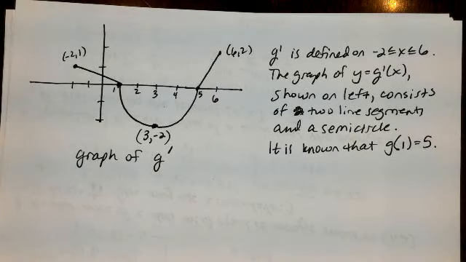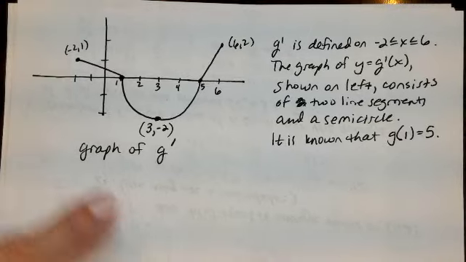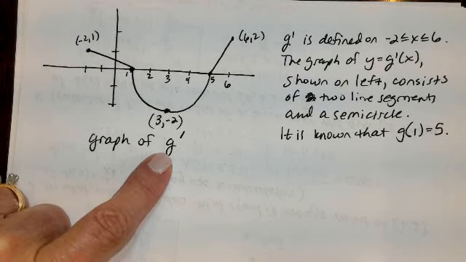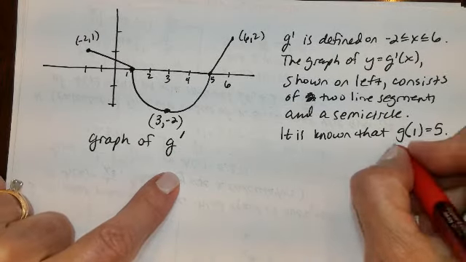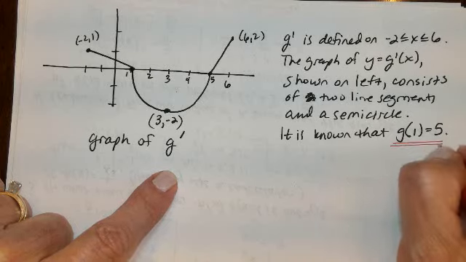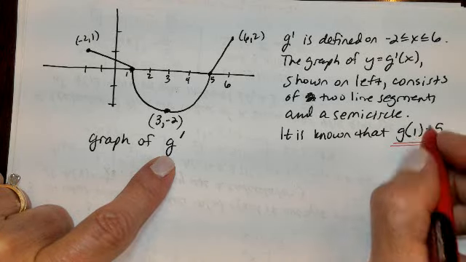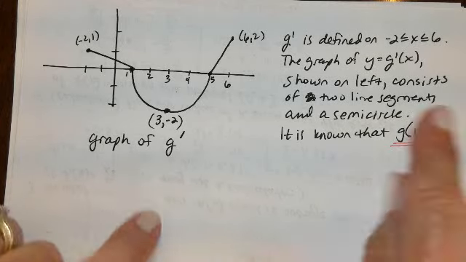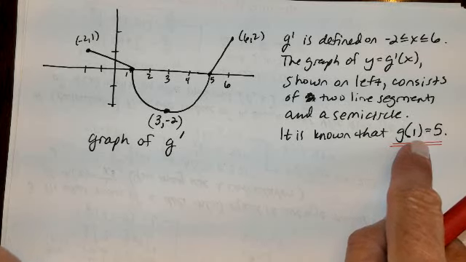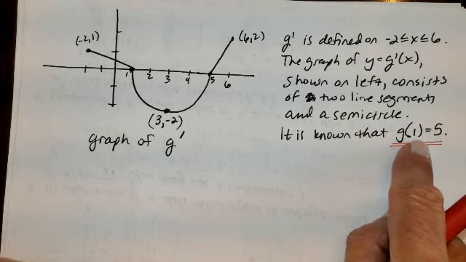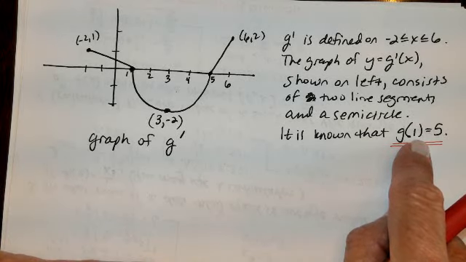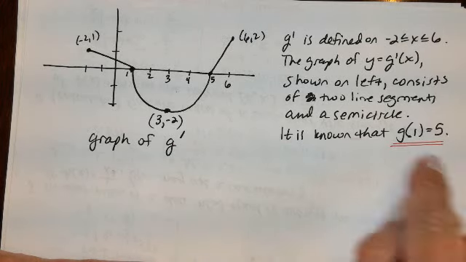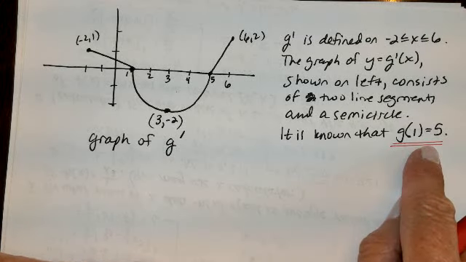Okay, so let's see already what we have here. We have information about G prime, and we have an initial value of G. So essentially we know G prime, and we know a value of G. We can get any other value of G we want, theoretically, if we know G prime and a point, right?